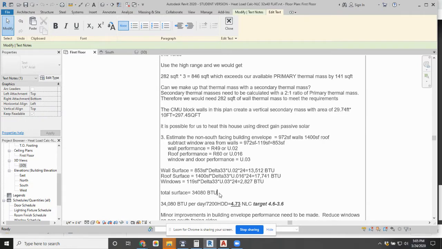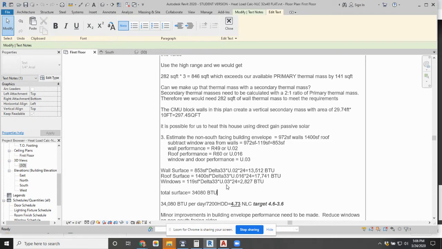And then we're going to divide this number by 7,200 heating degree days. And we get a net load coefficient of 4.73. Our target is between 4.6 and 3.6. This doesn't quite meet that target.